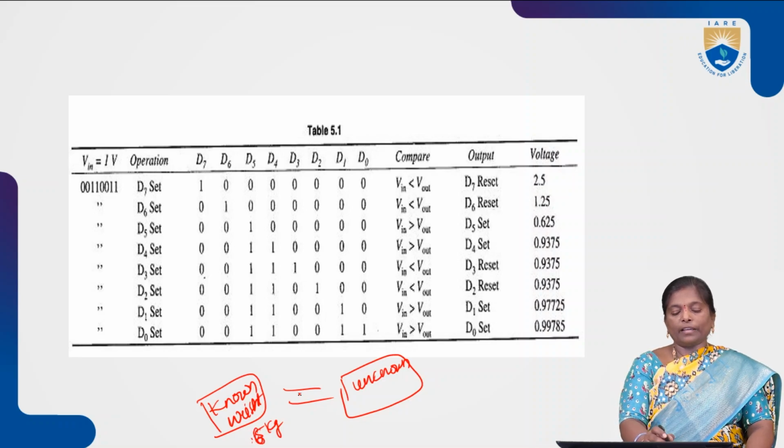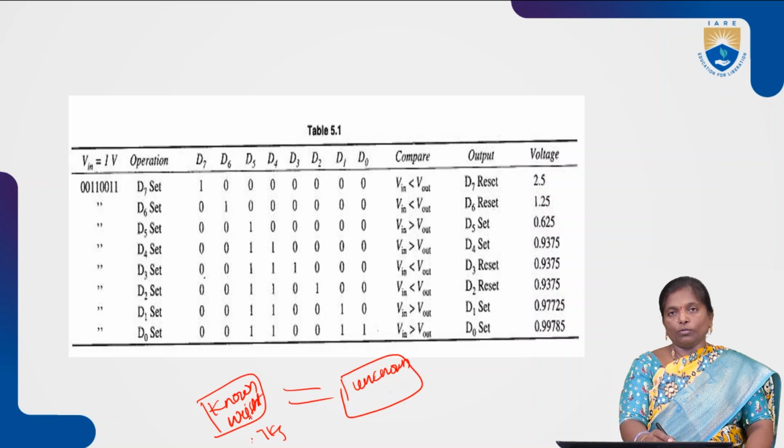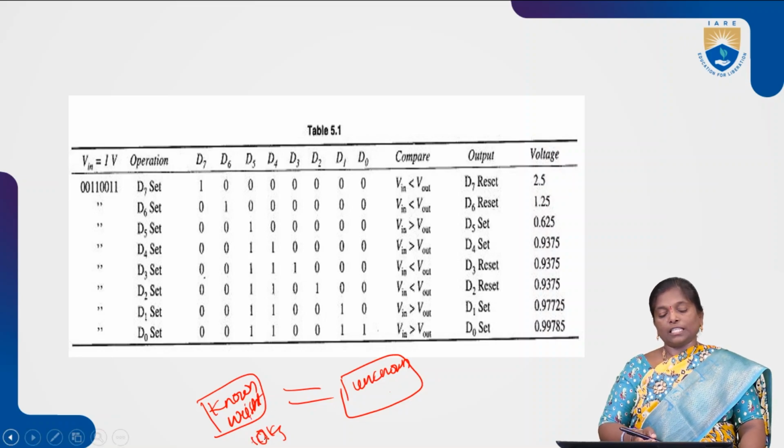Again, if we compare the unknown weight with the known weight, and the unknown weight is still greater, then we have to change the known weight to 7 kgs. Again, the unknown weight is greater than the known weight. We have to increase the known weight to 10 kgs.